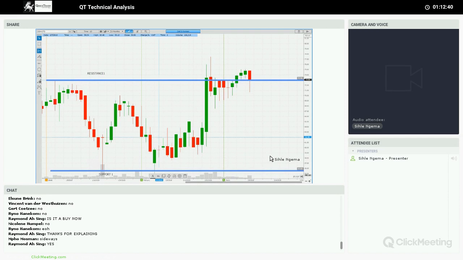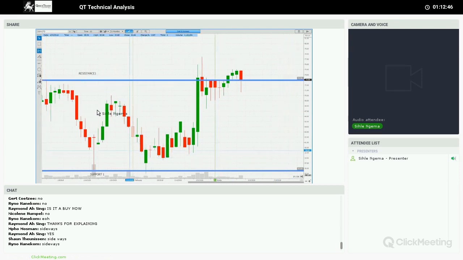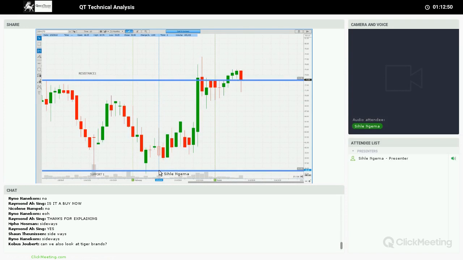Yes, Mpho. Identified it very well. As you can see, resistance 1 and support 1, which were established on the month of January. February, it started its movement by going to support 1, which is January support, and then it went straight to resistance 1 from January.